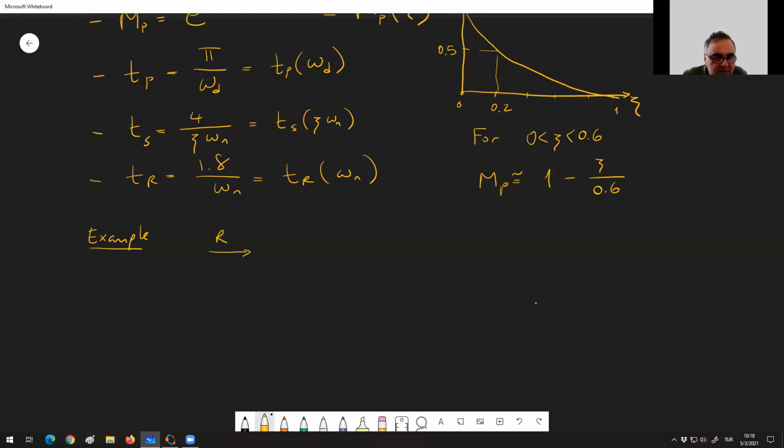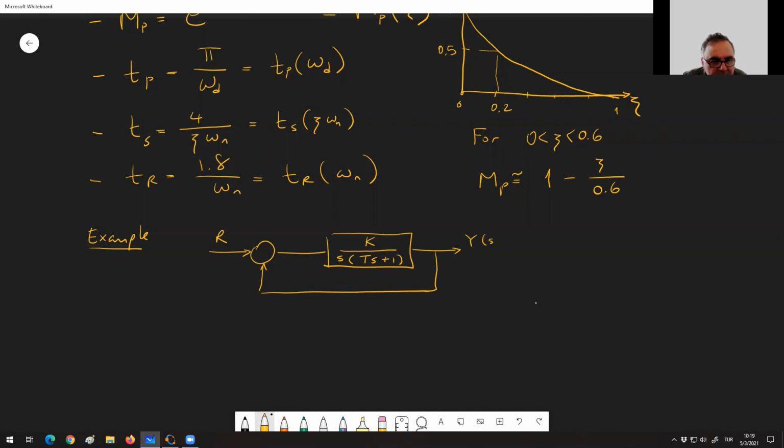Let's say this is R, the reference input, and this is a closed loop system.